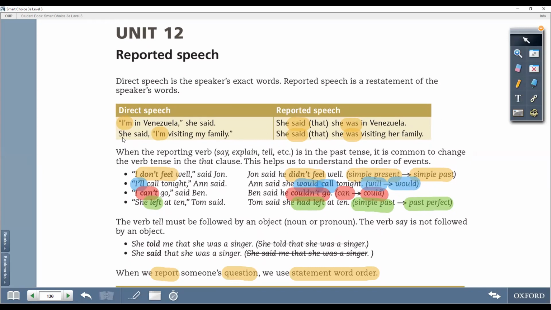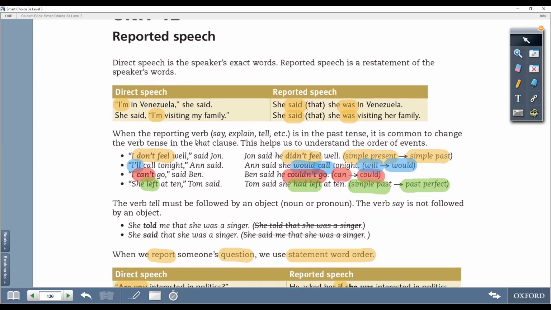Second example. She said, I'm visiting my family. Direct speech. And as you can see, we use quotations, right, to represent or to simply reproduce what somebody said. Now reported. She said that she was visiting her family. So present simple becomes past simple.